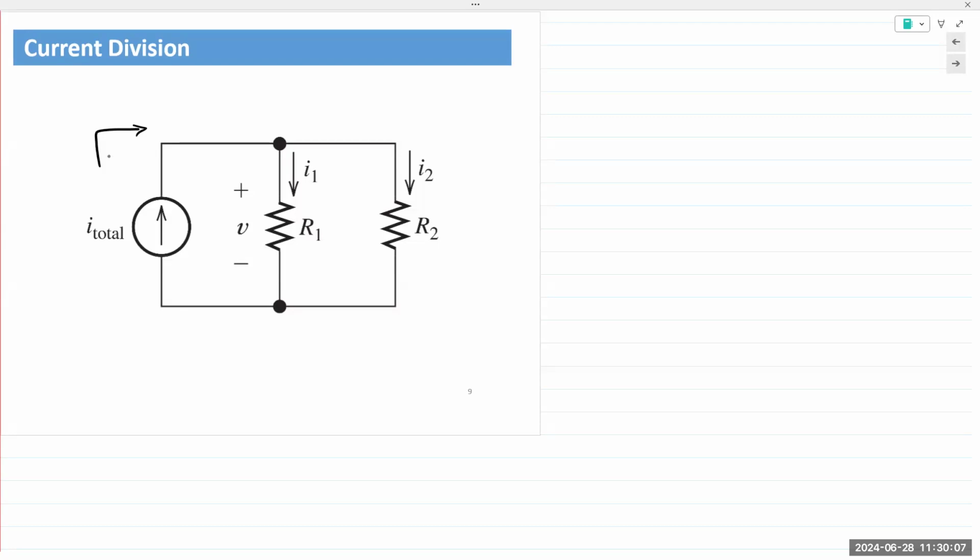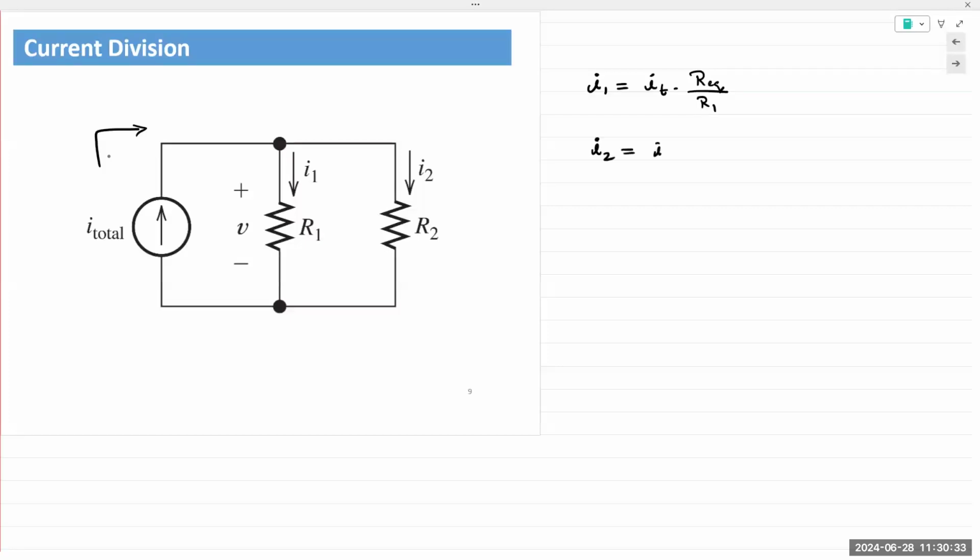And that fraction is given by the ratio of the total equivalent resistance of the parallel network divided by the resistor. I1 is a fraction of IT, and that fraction is given by REQ over R1.